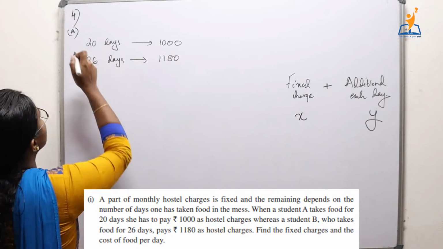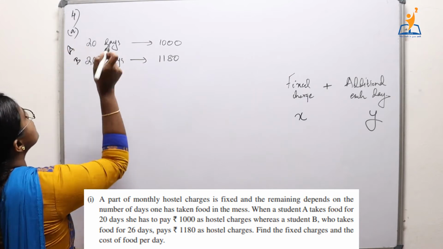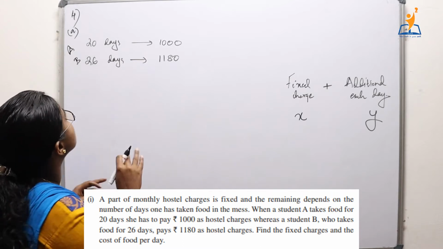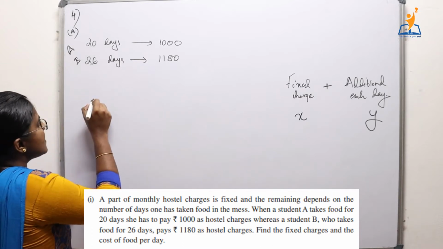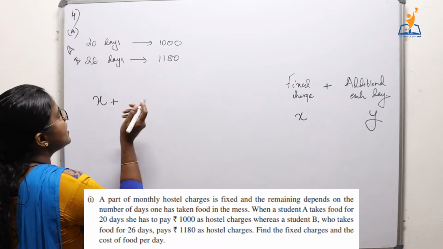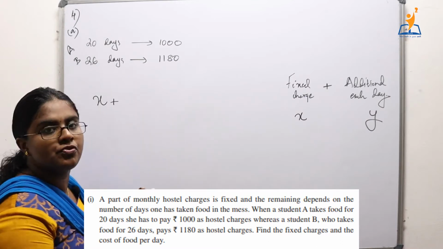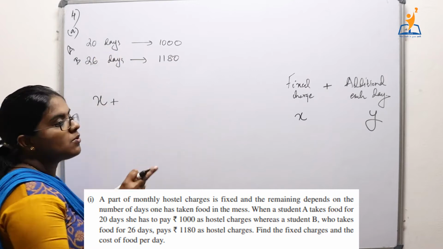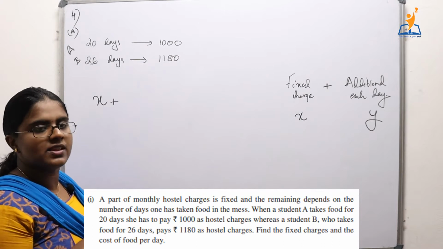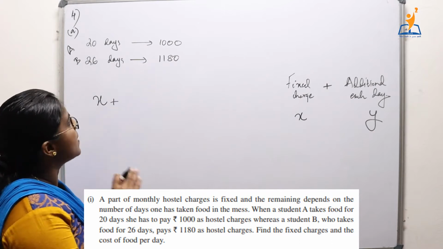So consider student A. So student A has taken food for 20 days. So she has to pay the fixed charge X rupees and also the additional charge for food for each day. Since she was there for 20 days, she has to pay the cost of food for 20 days.